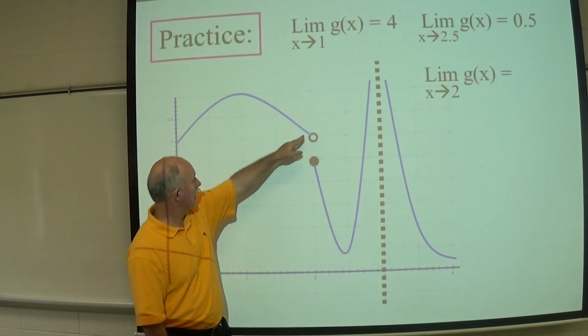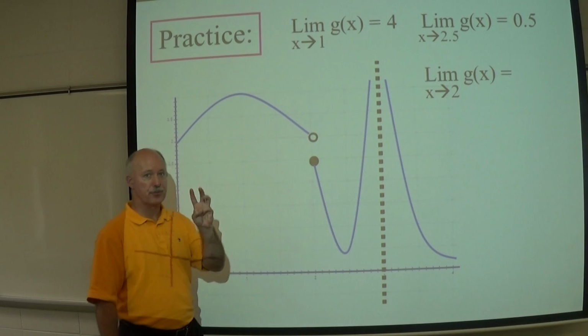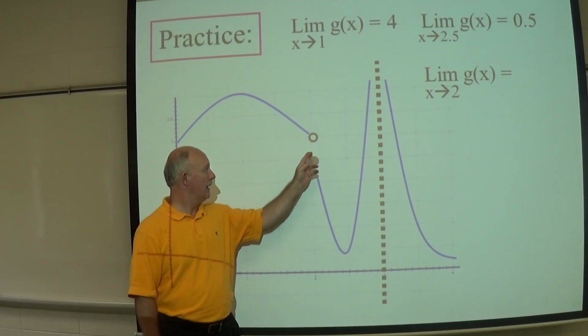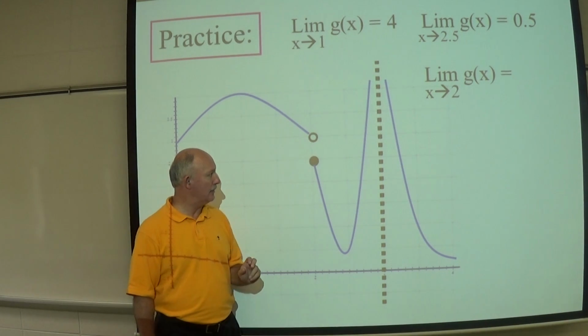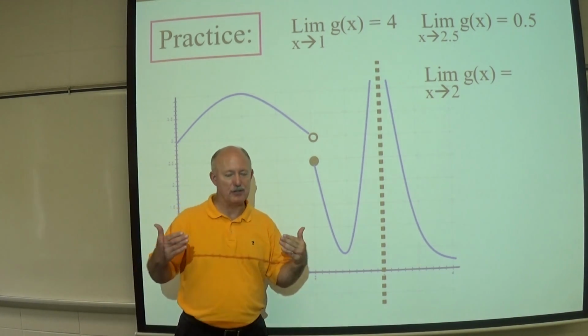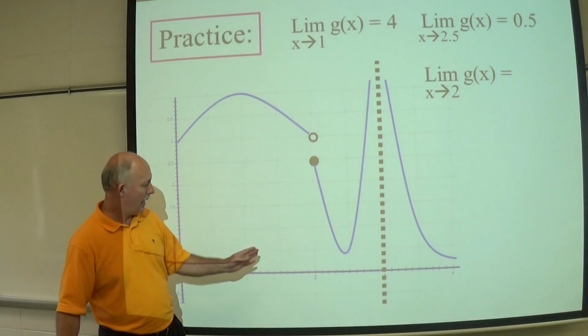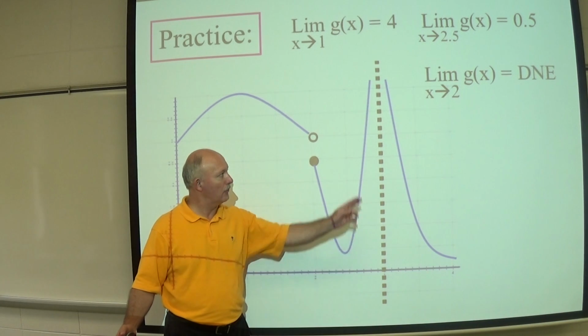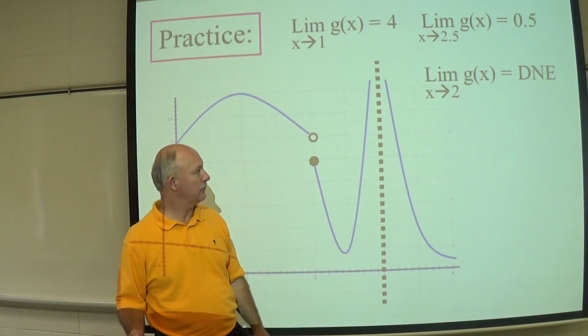The left-hand limit is 3 and the right-hand limit is 2.5. Since they are different, as x approaches 2, the limit does not exist.